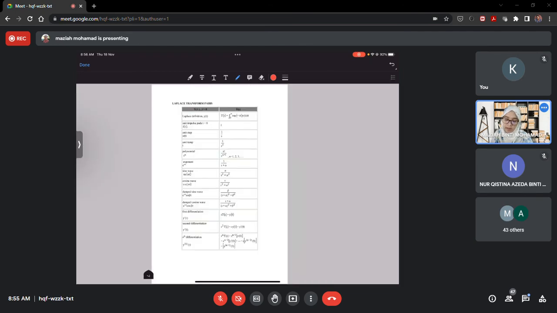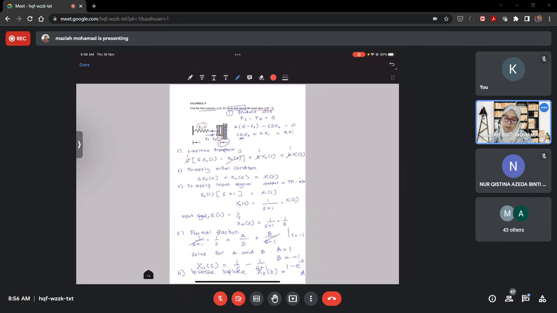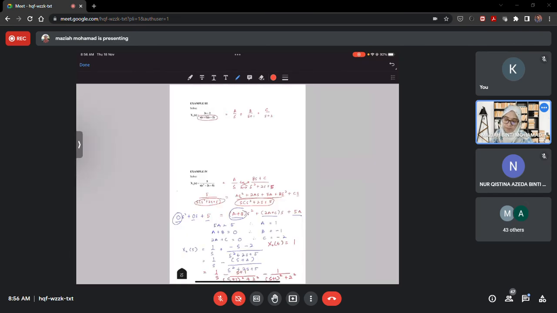It is exponent negative t cos 2t, minus exponent negative t cos 2t, because beta is 2.